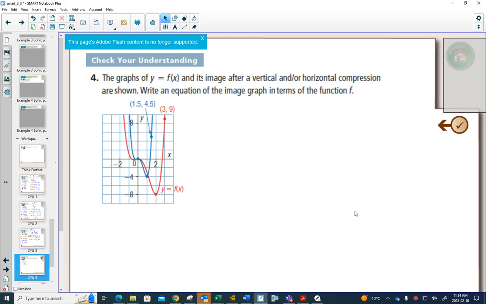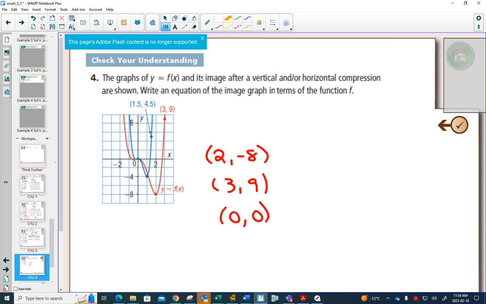And the easy way would say, okay, well, what did I do when I worked forwards? When I worked forwards, I found out what it was, horizontal stretch compression. I wrote out the points that I knew. So I would have written out, here I have (2, -8), and (3, 9), and (0, 0).